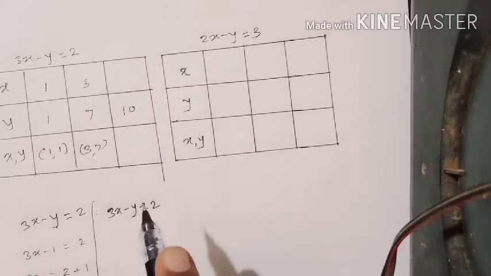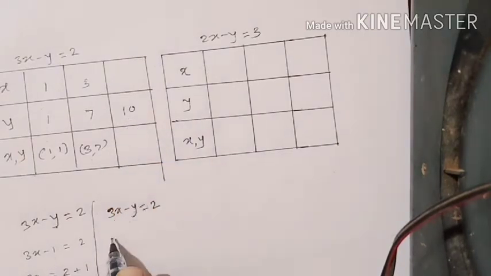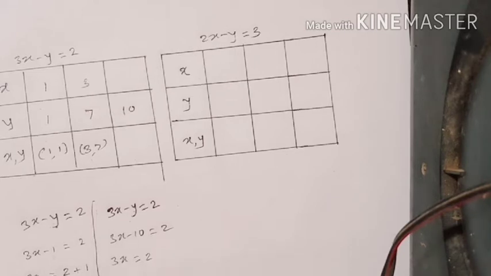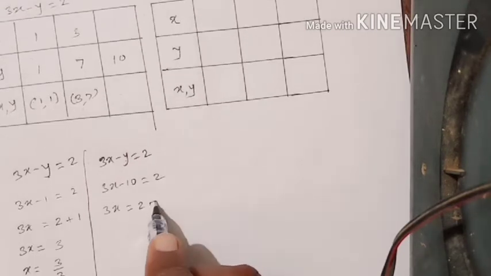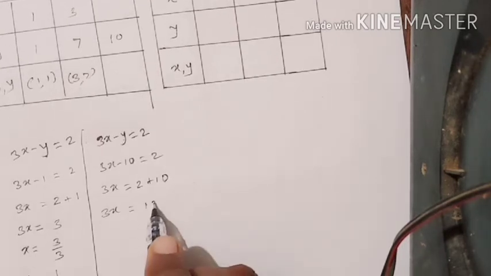Therefore, I will let the value of y be 10 here. Therefore, 3x minus 10 is equal to 2. And 3x is equal to 2 plus 10, that is 12.